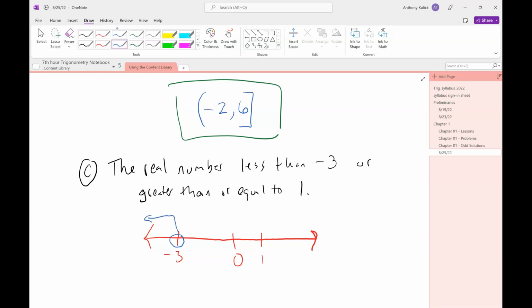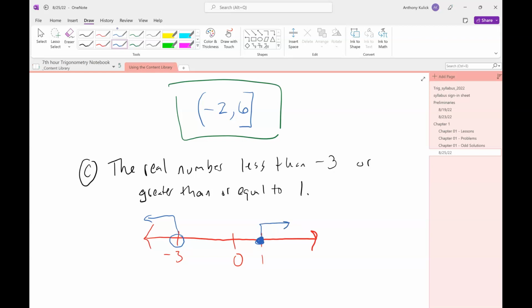Left. Okay. And then it says, or greater than or equal to 1. So at 1, what do I draw at 1? Closed circle. And then the arrow is going right.